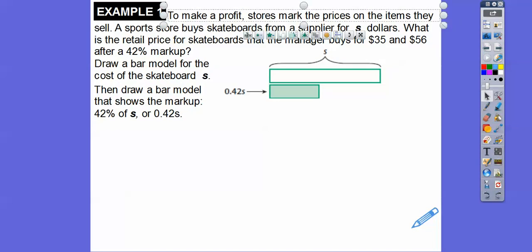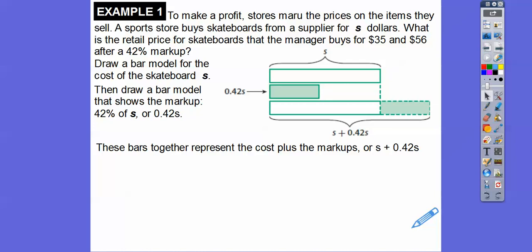So now what we're going to do is these bars together represent the cost of the markup plus the original cost right there. So right here, here's S, what the store bought it for, and then since they're adding on this much of a markup, this is going to be their bar model representation of the total price that they're selling it for in the store. So here's S right here plus 0.42S right there.